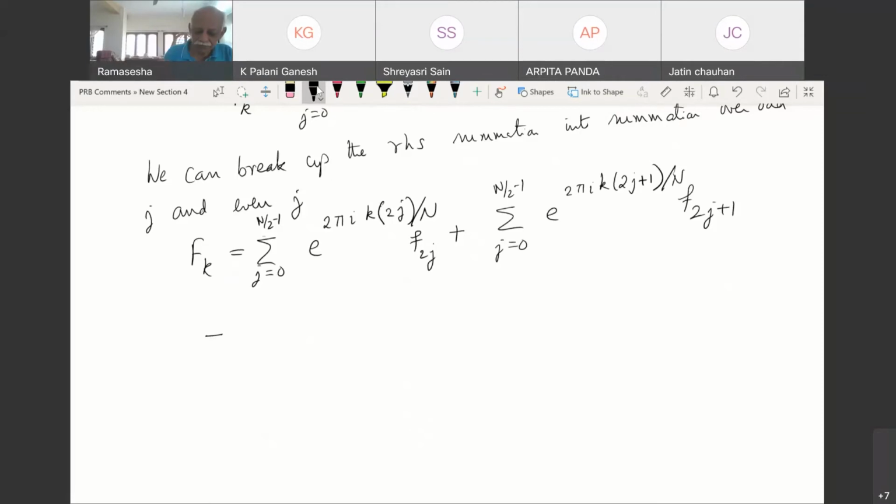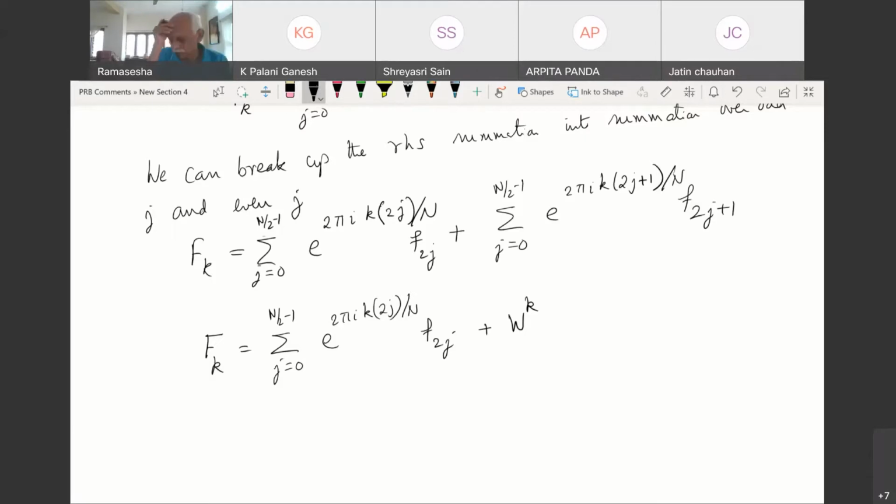and write e to the power 2 pi I k 2j on n f of 2j plus 1 w to the power k. Remember w was 2 pi I by n. E to the power 2 pi I by n was w.